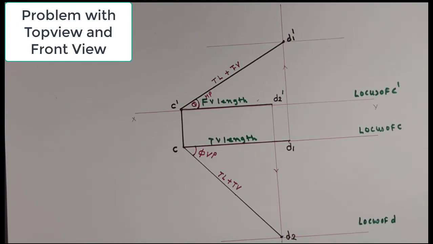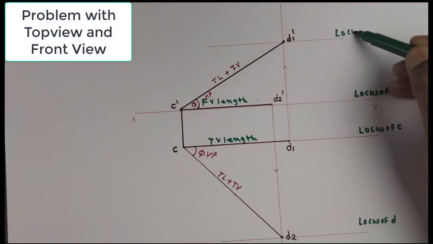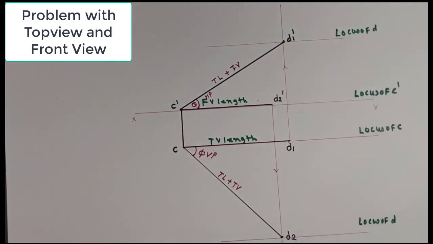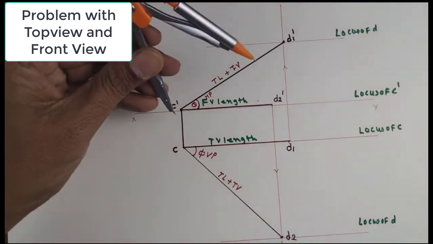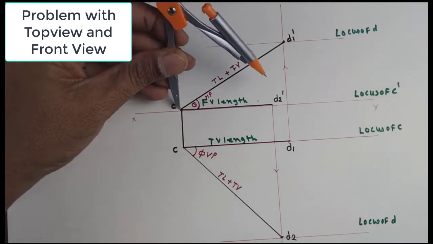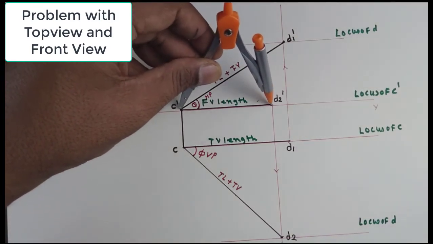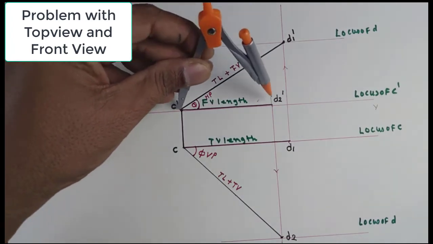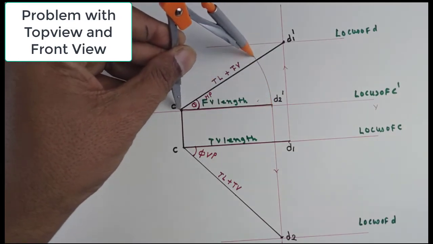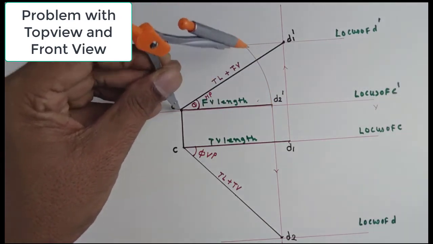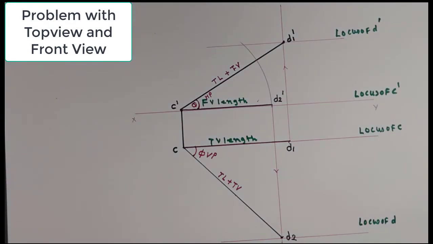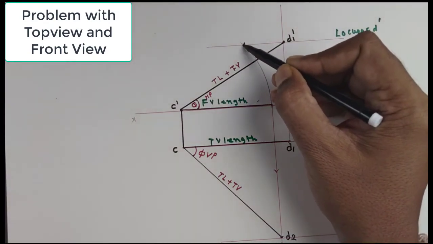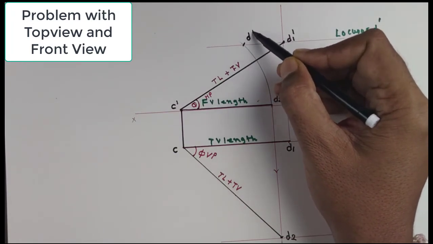Similarly, here you can say the locus of plan point D. Now for actual elevation, we take C dash as center, radius up to D2 dash, and simply we rotate our front view length toward the locus of D dash, and it intersects with the locus. It is my final elevation point D dash.